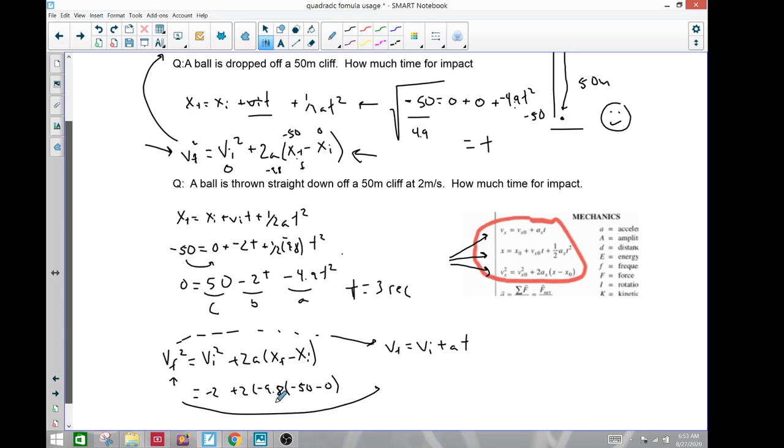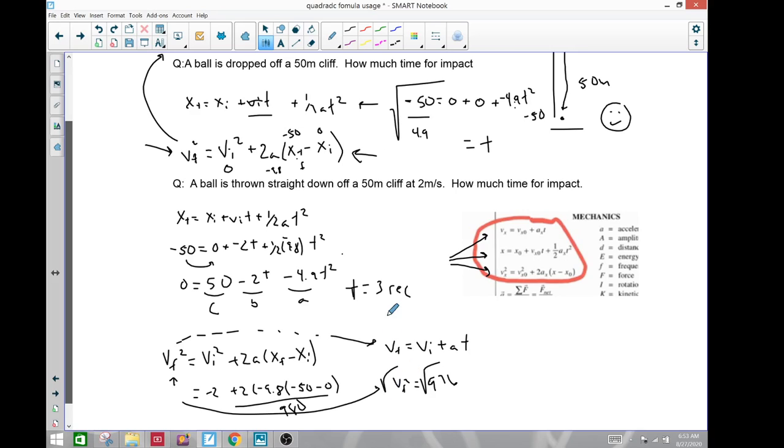So this whole component here is 980, and I'm going to add the plus vi squared, that would be negative 2 squared, which of course becomes positive 4, and I get 984. So now I get velocity final squared equals 984. Now I'm going to square root both sides to get rid of that square component.